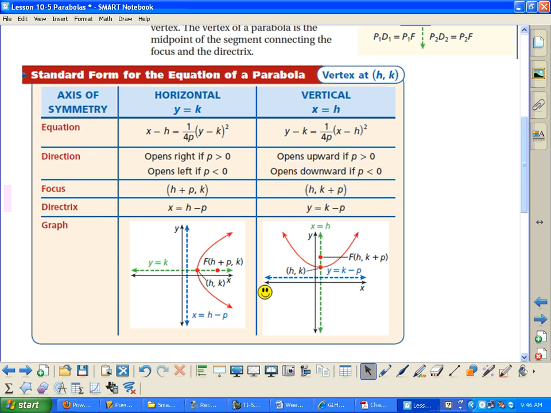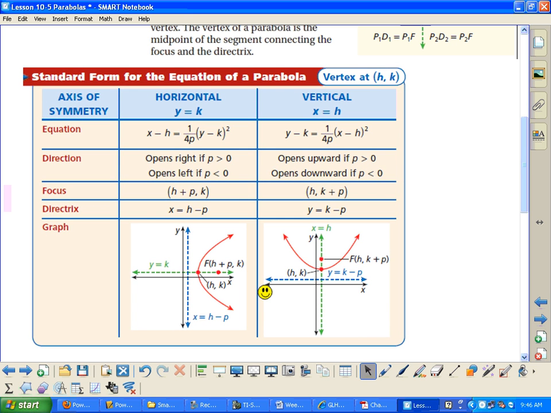The directrix for one that opens vertically is always going to be y equals, and that's y equals k minus p. So we always need to know the vertex and the value of p to be able to graph and to find the directrix and the focus.